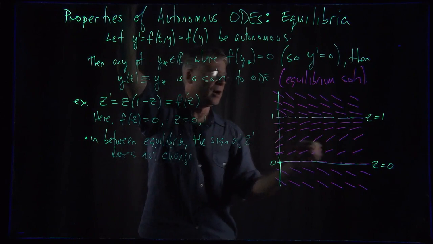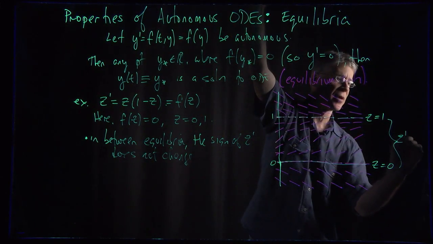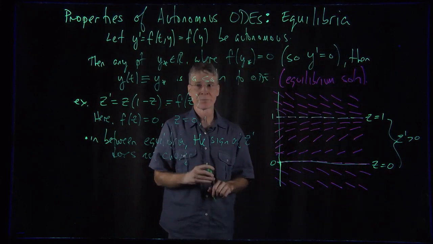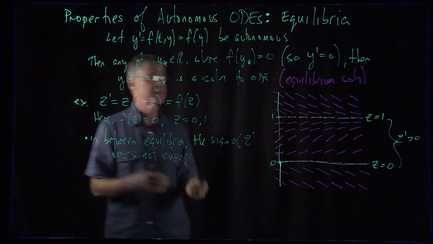That means that all the way through here, I know for a fact that z prime is greater than 0, right? Because z prime equals whatever this value is at z, and I know that that's a positive guy.